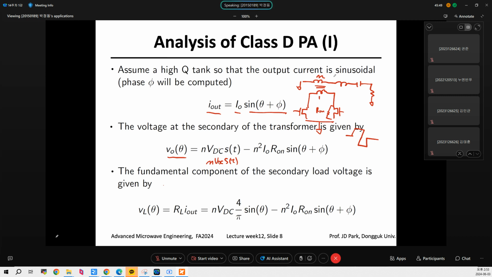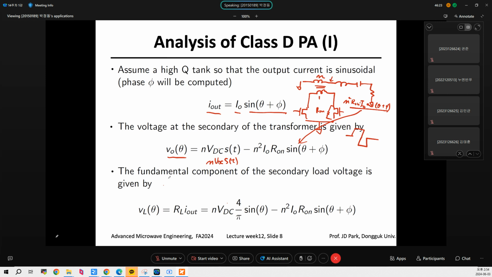So what you can see from this side is N squared R on, and the current conduction is I0 sine(theta plus pi). That's why you get this. So the voltage at the secondary of the transformer is given by this. The transformer direction is not shown here.